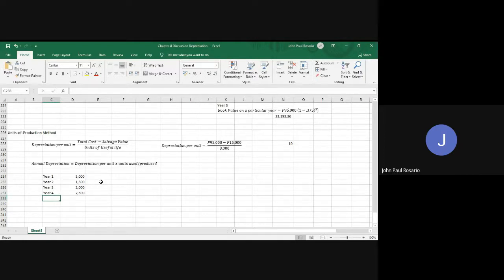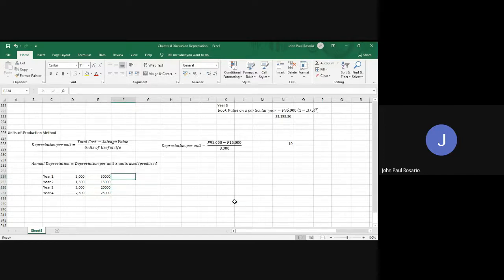It's just that on the last year, the usage of the computer system was unexpectedly beyond their expectation. So our annual depreciation for year one is simply the number of hours used times the depreciation per unit, which is 10 pesos. So that's 30,000, 15,000 for year two, and for year three, that's 20,000. However, for year four, we don't know yet.